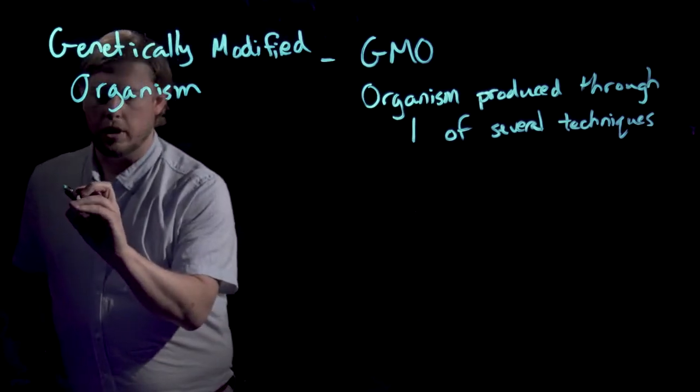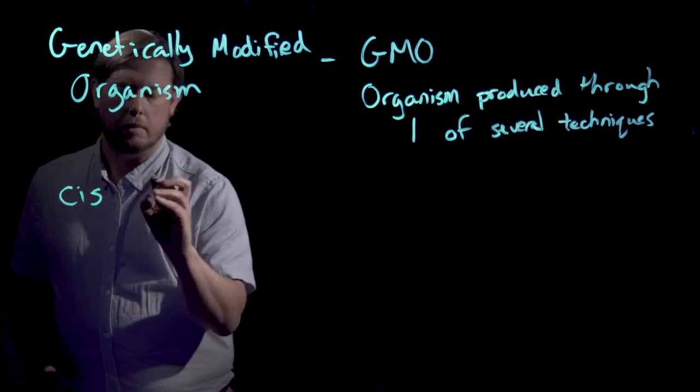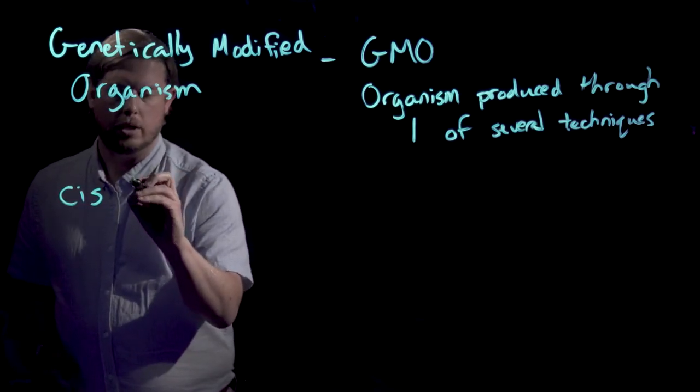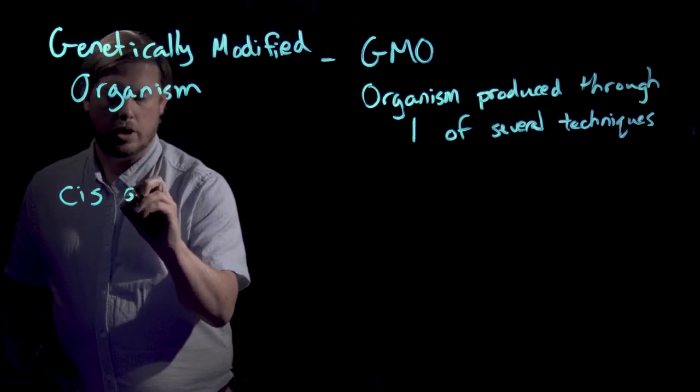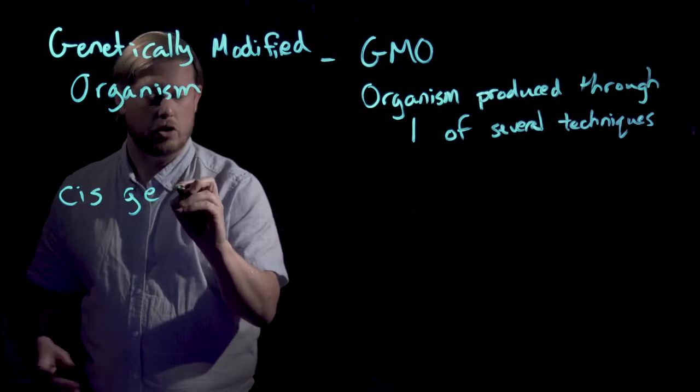So that brings us to our next two terms. These are two terms that are used to clarify this discussion about GMOs a little bit. And these are the terms cisgenesis and transgenesis, or cisgenetic and transgenetic.